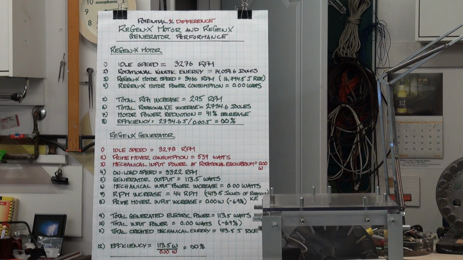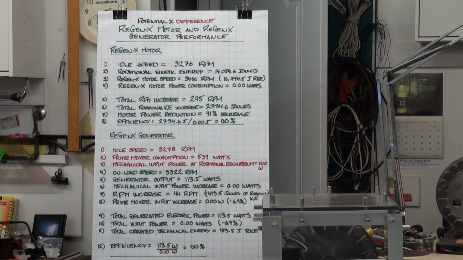Obviously it was different in this demo. This is previous data. And the rotational kinetic energy at that speed is 14,000 joules. We increased the kinetic energy of the system to 16, almost 17,000 joules.